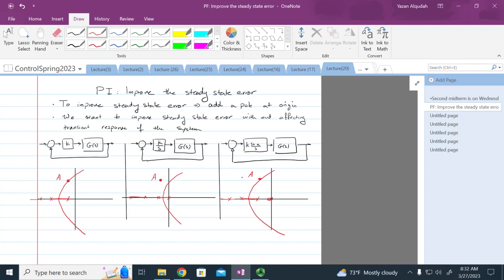So what I'm saying is, if I take the contribution of this angle minus this angle, what is that contribution? It's very small. So therefore, I'm not going to be operating for sure at A, because I am contributing an angle, but I'm going to be operating very close to where A used to operate.